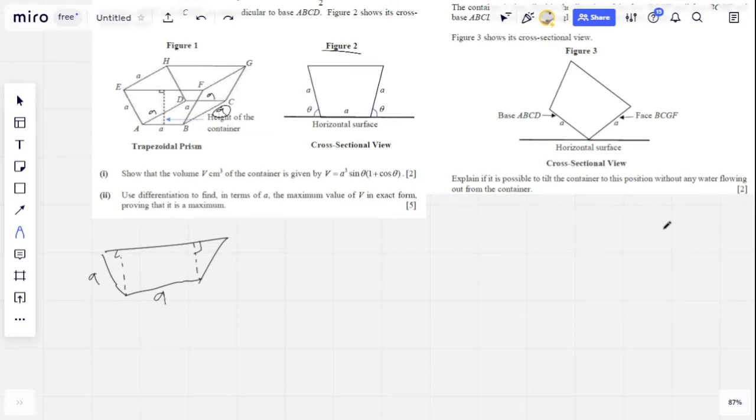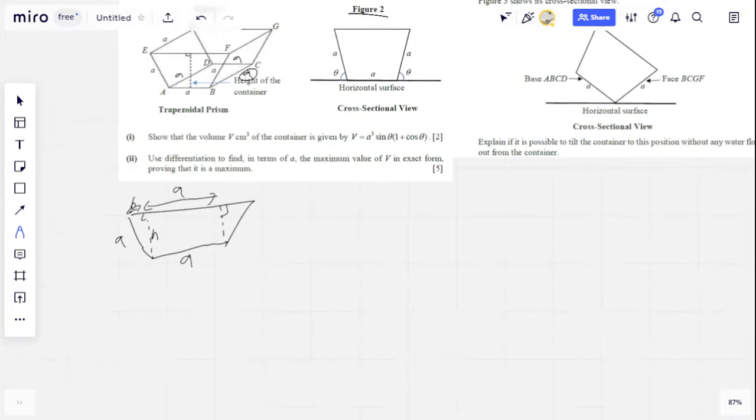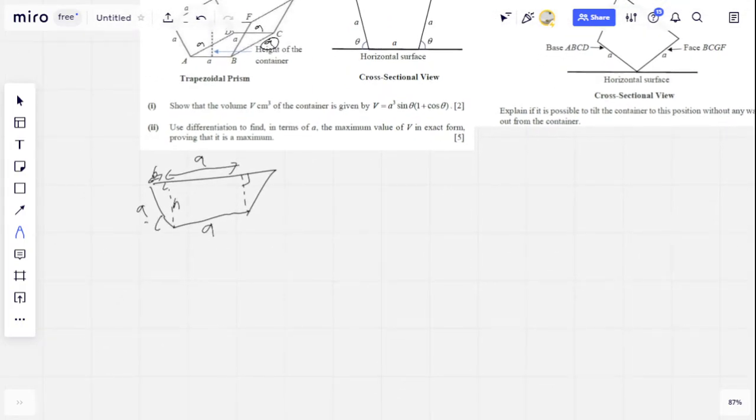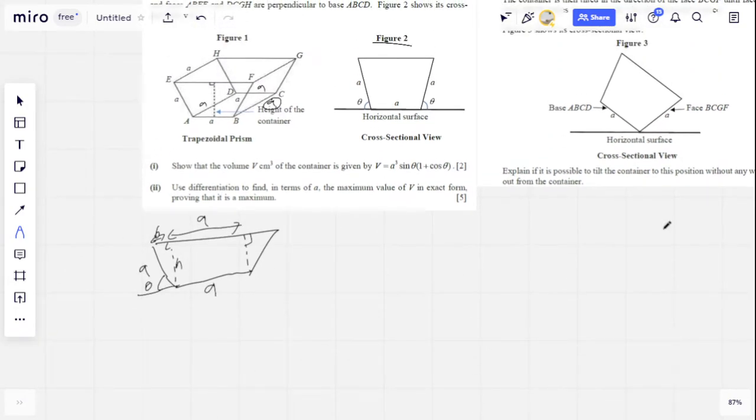So you just need to consider one part here. Draw these two lines. This is A, let the additional length be b and the perpendicular height be h. If the outside angle was theta based on Figure 2, that means the inside angle must be theta as well.